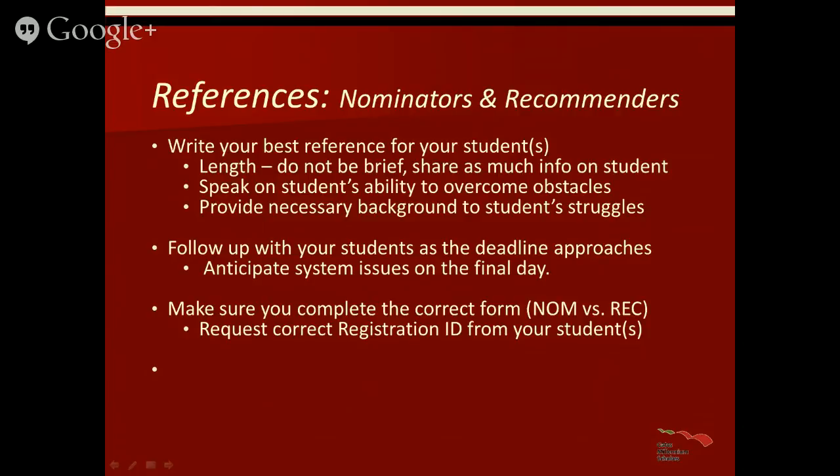Because we do understand that this occurs, and that doesn't necessarily mean that the student's a bad student. It just means that student went through maybe a tough time in their life. Maybe there was a loss of a family member. There's a variety of things, but we want to give you the latitude to share a little bit about that to give the reviewers some background.